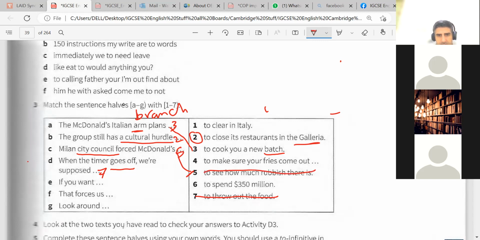This one finished, and this one finished. Right? That forces us to look around, to spend, if you want. Or you can see also B6 if you want. So it forces us to close it. To look around.